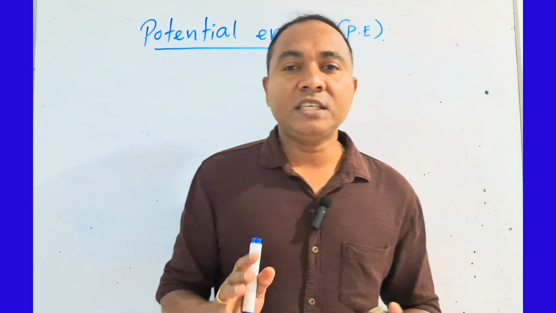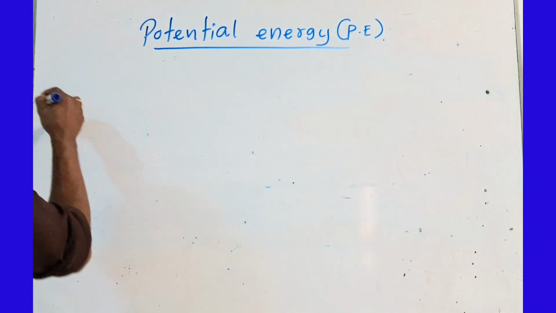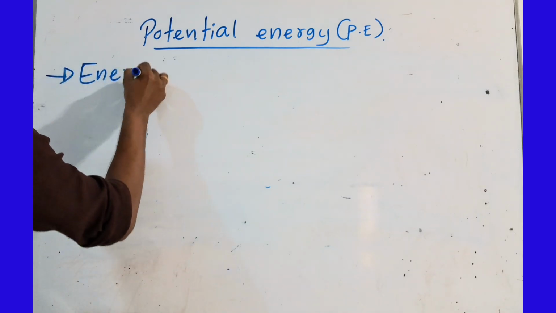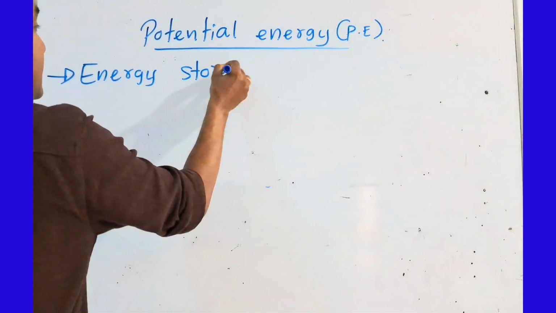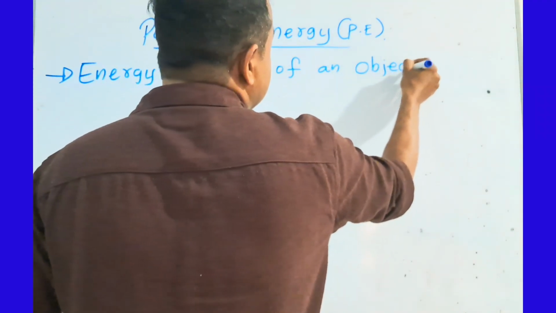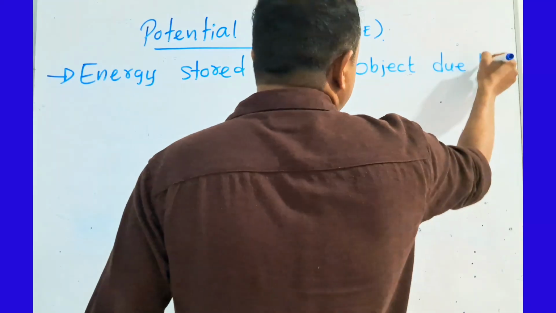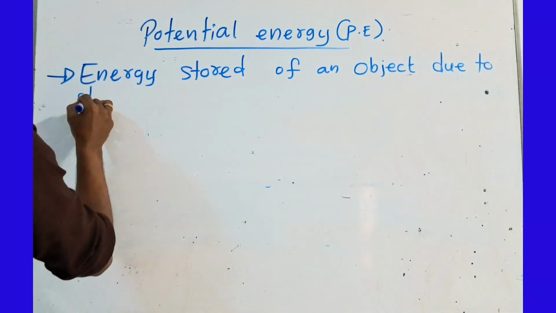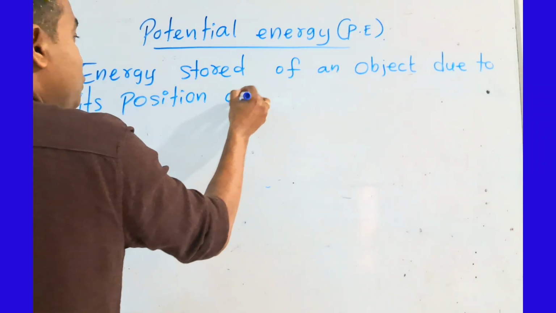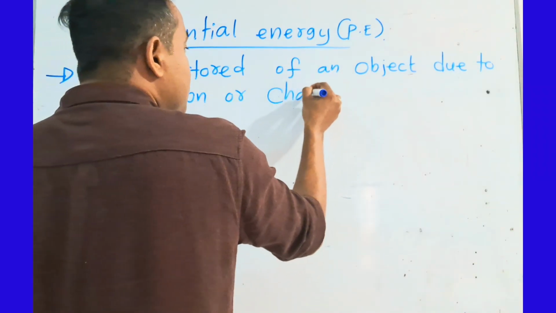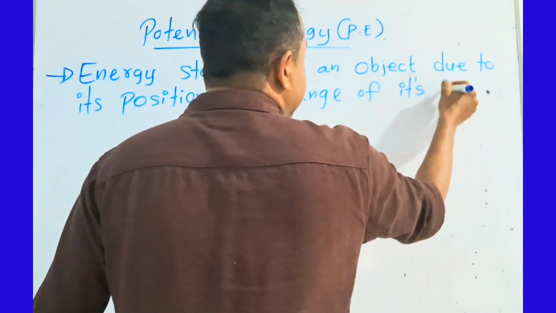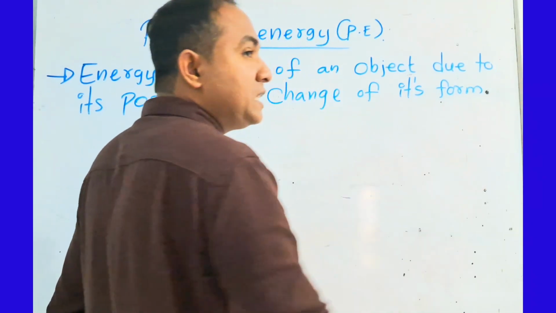Potential energy means energy stored in an object due to its position or change of its form. You must remember: due to its position or change of its form is known as potential energy. So what is potential energy? Potential energy means energy stored in an object due to its position or change of its form.